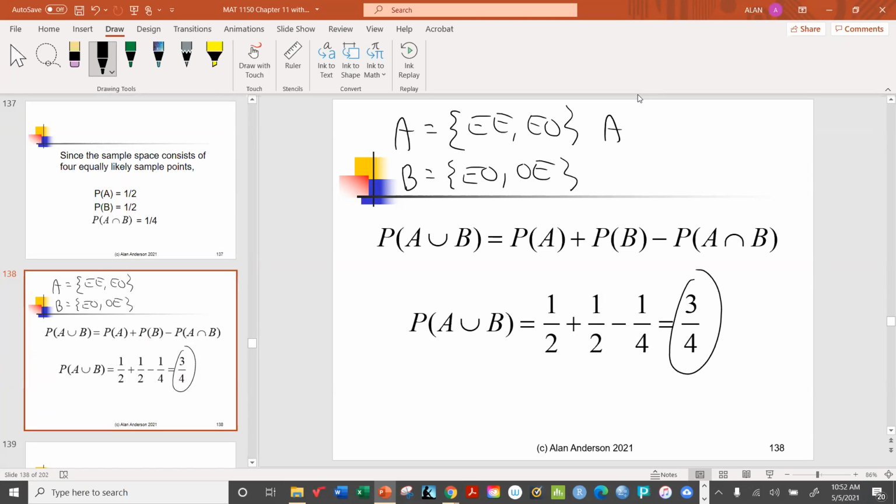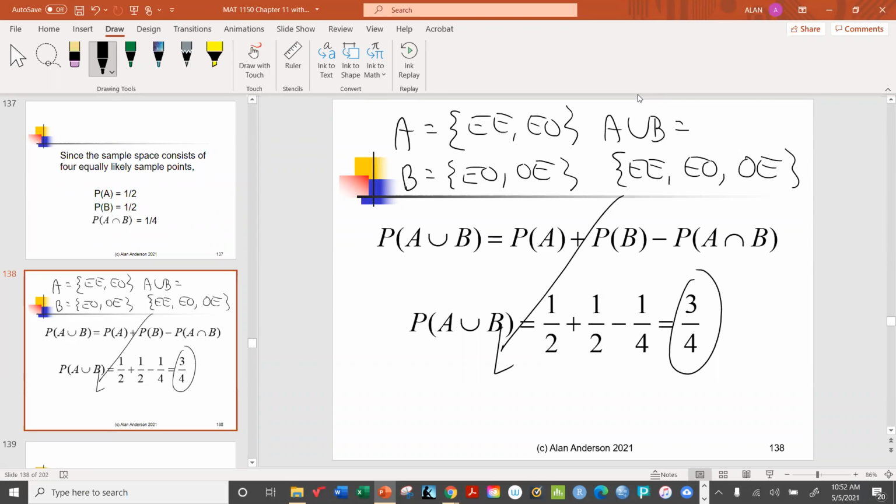So therefore the union would have been, and you just combine them all, and based on our understanding that each of these elements is equally likely, that implies that the probability of A union B is just 3/4, 3 out of 4. So that gives us a second alternative for calculating the same result. And it also means we can double check our results from the addition rule.